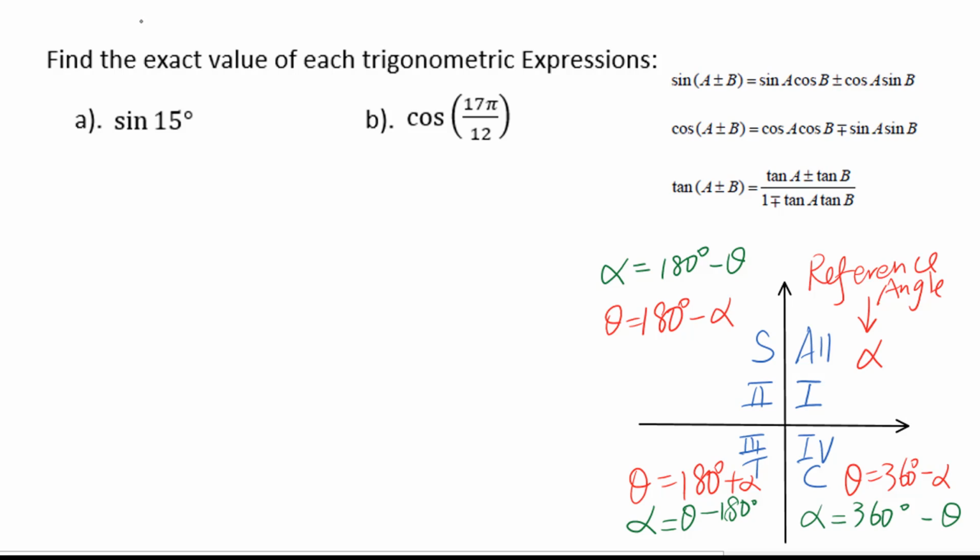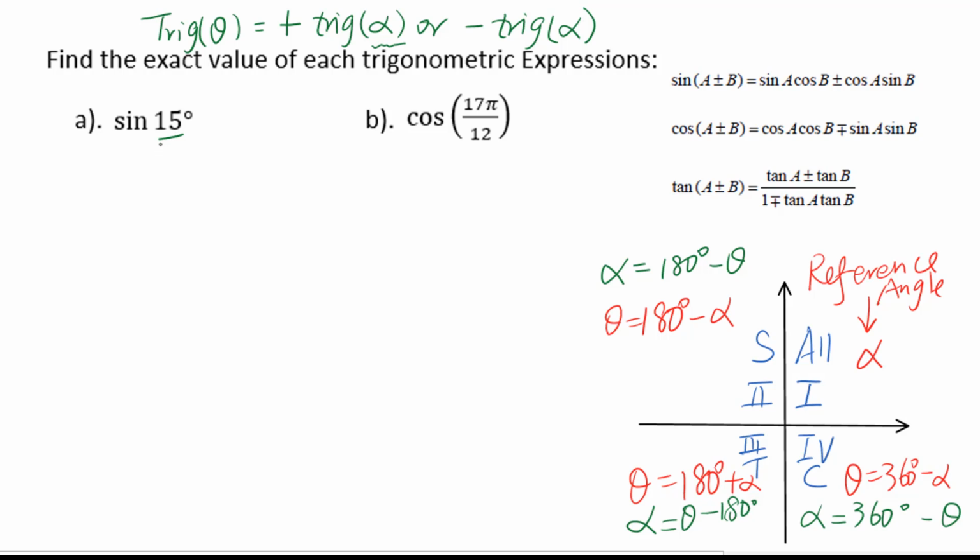The relationship between theta and alpha is that the trig of theta equals positive trig of alpha or negative trig of alpha.